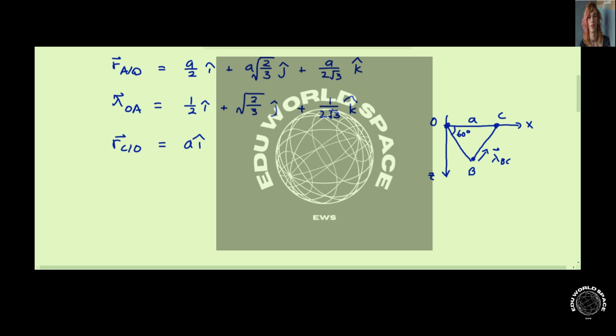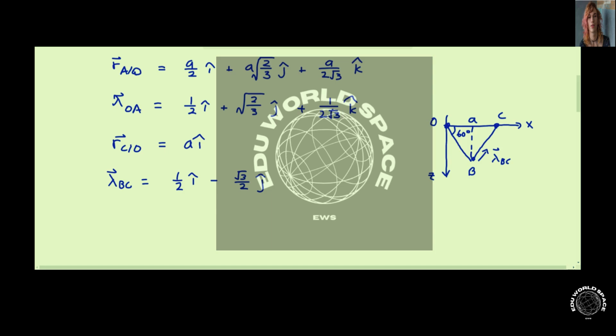From the diagram you can deduce that lambda BC is equal to half I hat minus square root 3 over 2 J hat. So how do I know that?